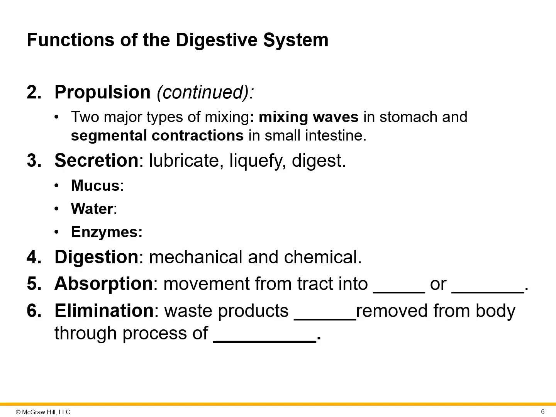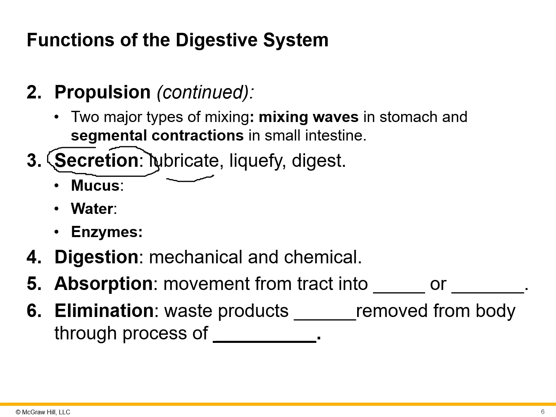So let's continue. Once we have talked about propulsion, the next part is secretion. Now, this digestive system requires lubrication in order to keep things propelled. And that comes in the form of mucus.